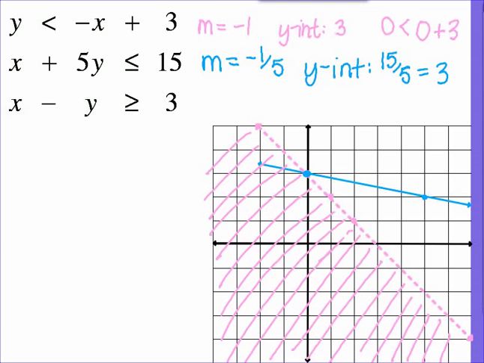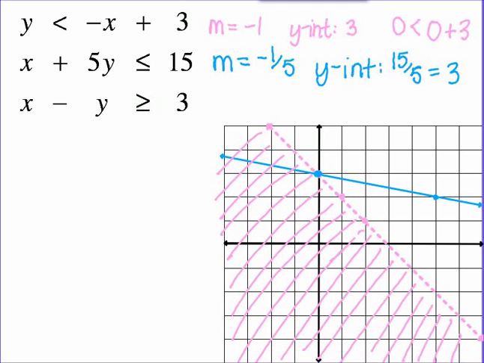So here we go, here's our line. Now we need to figure out what side of the line we shade. Bottom or top? Pick a point. If I plug 0, 0 in, I get 0 is less than 15, is that true? Yes.